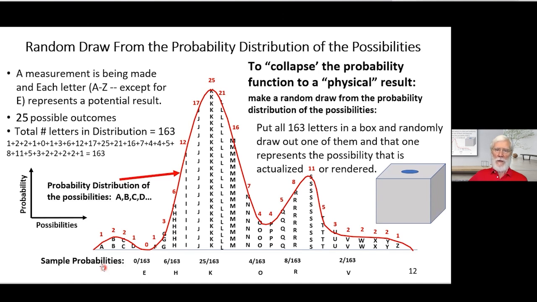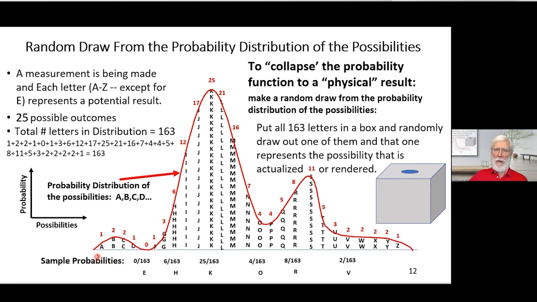So when something new is about to happen, a new measurement is about to be made, then if there are multiple possibilities for the result of that measurement, the system takes a random draw from the probability distribution of the possibilities.